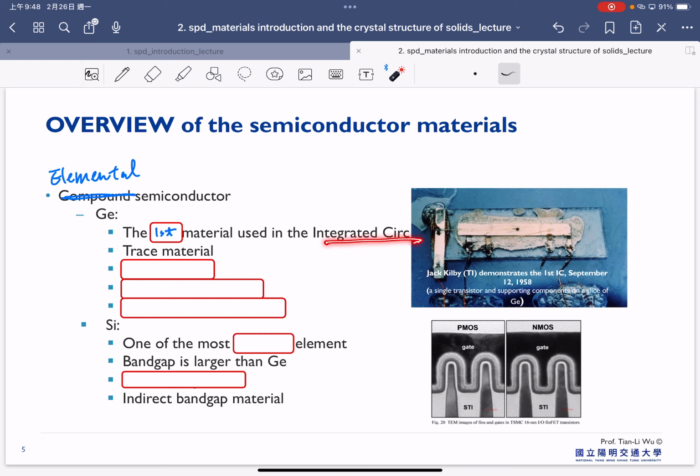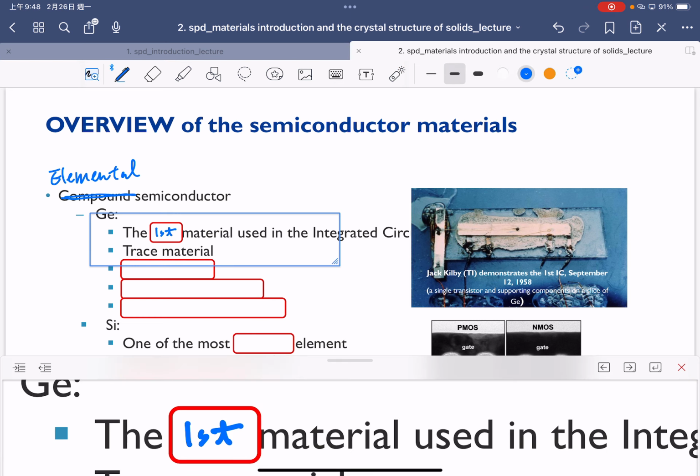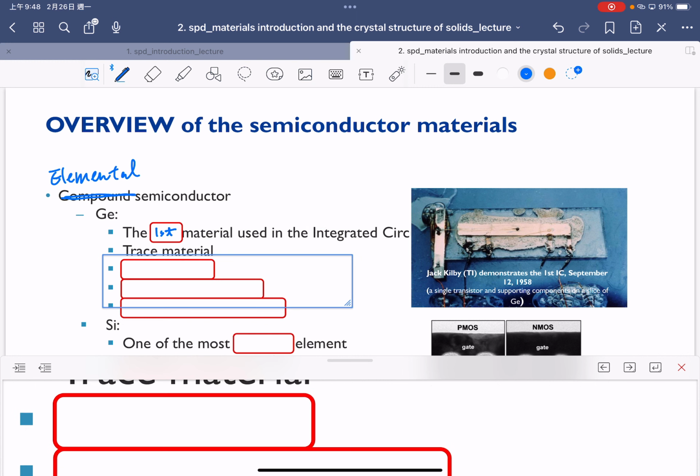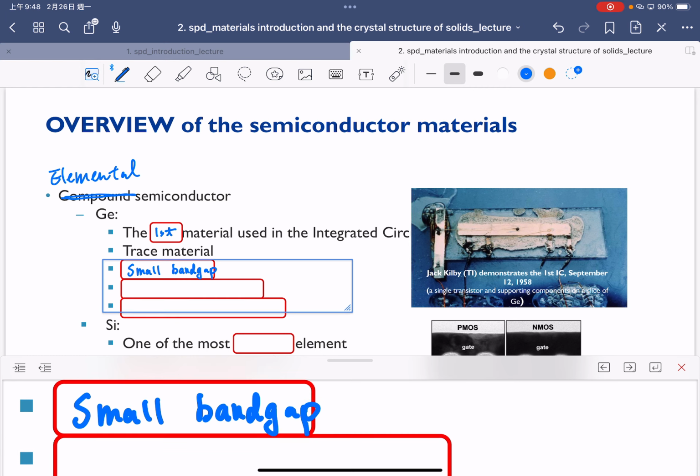Germanium has some material properties. Later on, we will explain what the band gap means, but here is just a quick overview of the material properties of germanium. First of all, it has a small band gap. And second, it has poor thermal stability.